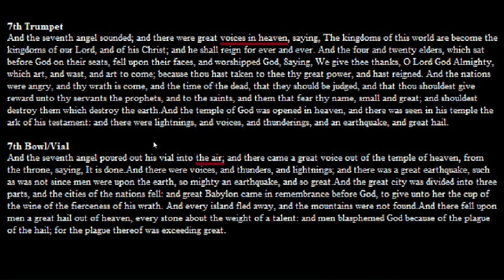Here we have part of the seventh group, the seventh trumpet and the seventh bowl or vial. And underlined in red we have the location, and that is the air. And up here we have the voices in the air, because you need the air to have the voices in. And this is the correlation that I found here. As for time, because it's the last one, there really isn't any time left.